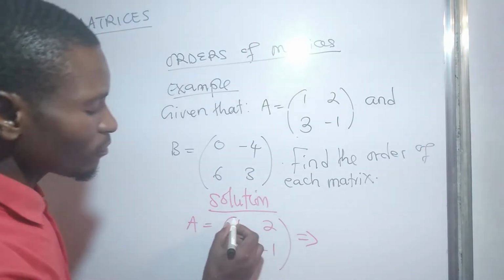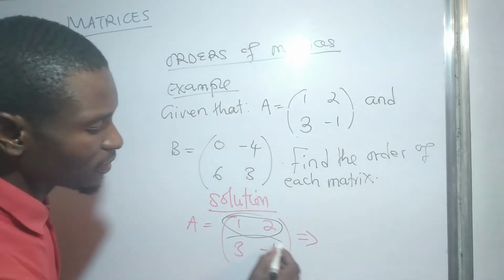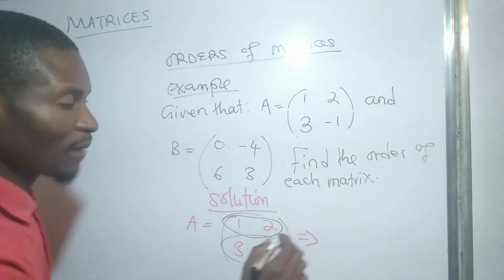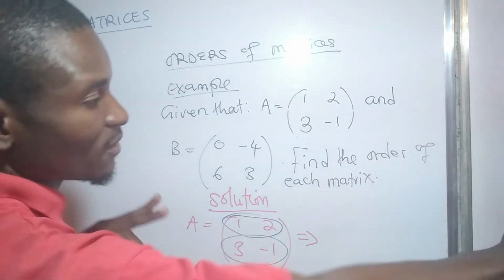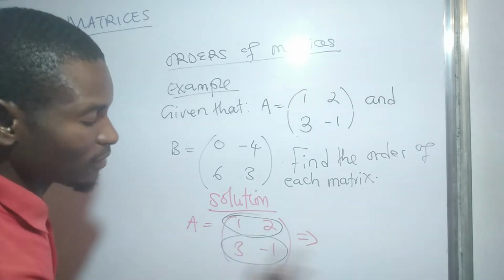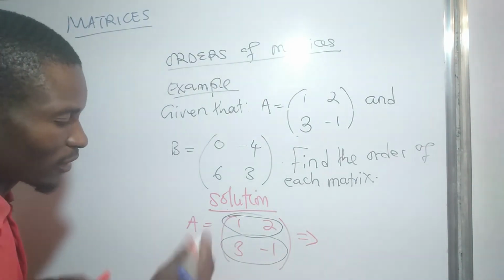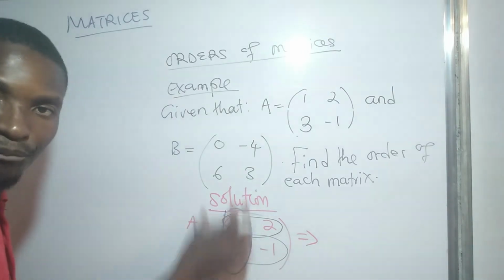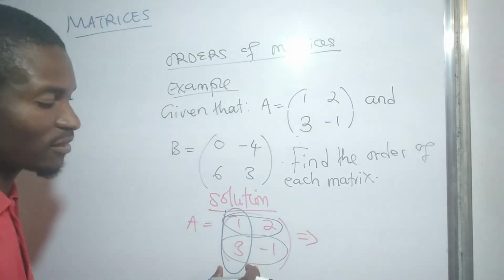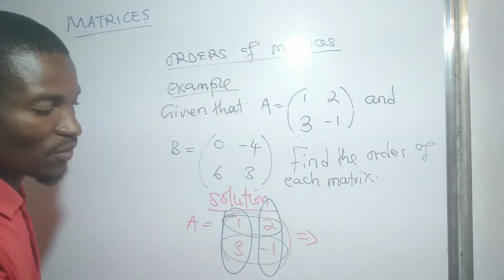So this is the first row, and this is the second row. Those that are horizontal. And then the vertical ones represent the columns, and the other column is that one.